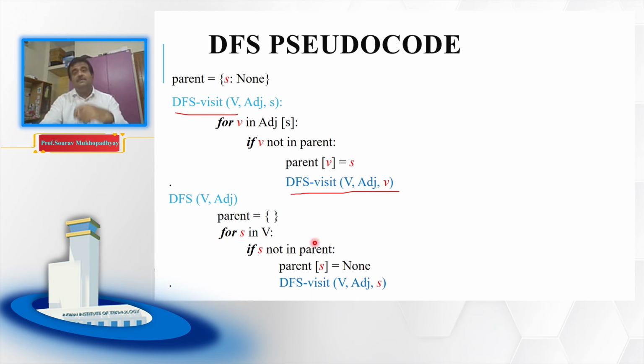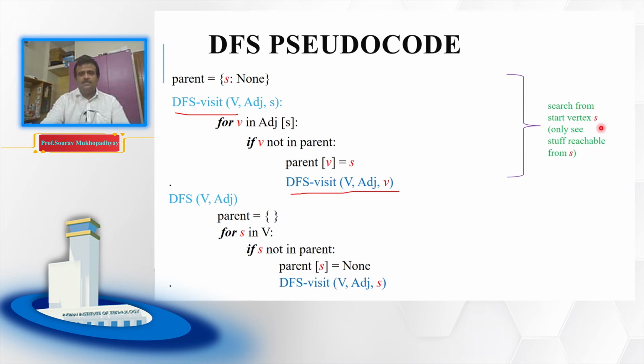If it is not done, that means it was not reachable from the starting vertex, so we call DFS again from that vertex. This way we complete exploring all the vertices of the graph. This is the whole code to explore the entire graph.